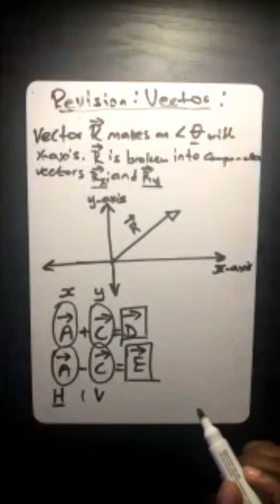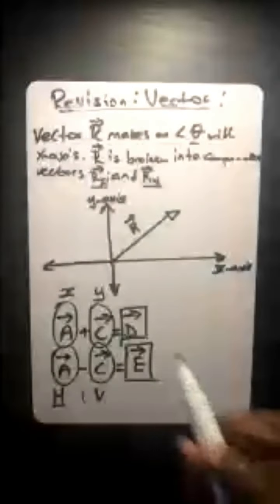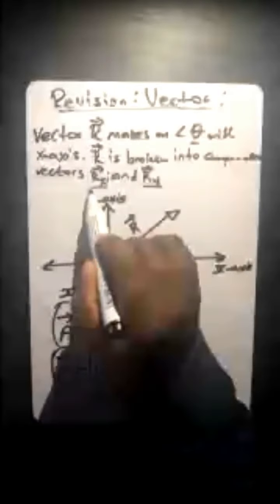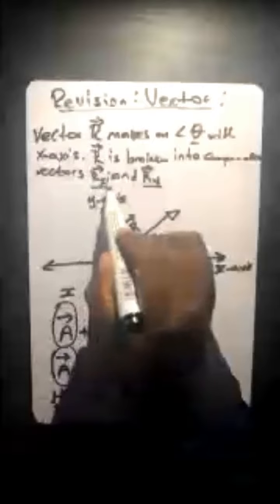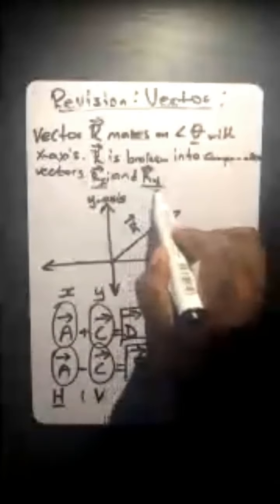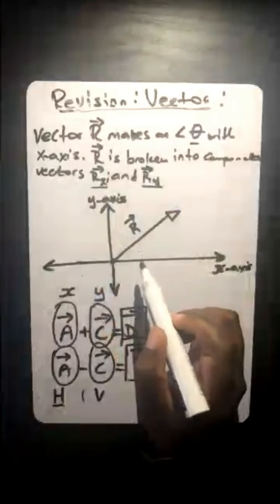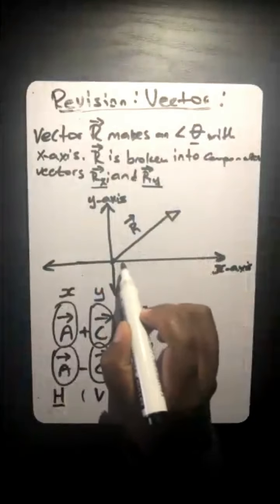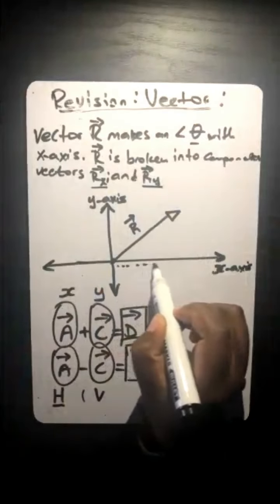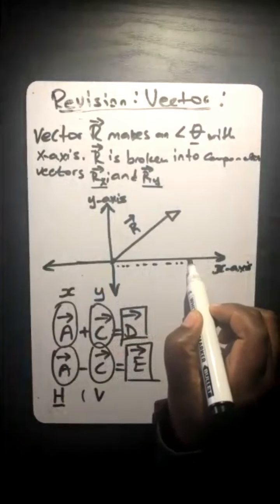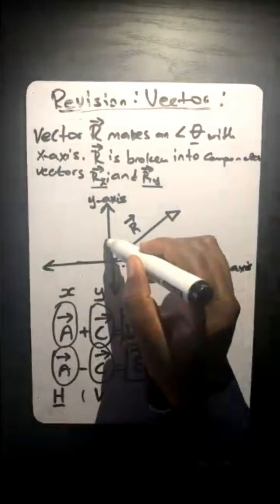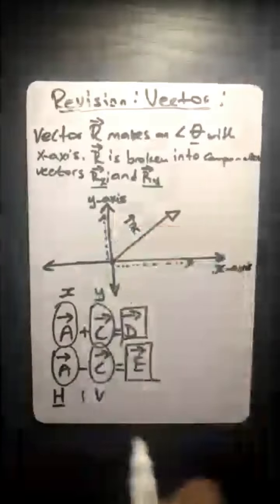So now let's continue to read. They are saying vector R is broken into component vectors of Rx and Ry. Let me put it as a question to you. Which component will be that one and which component will be that one?